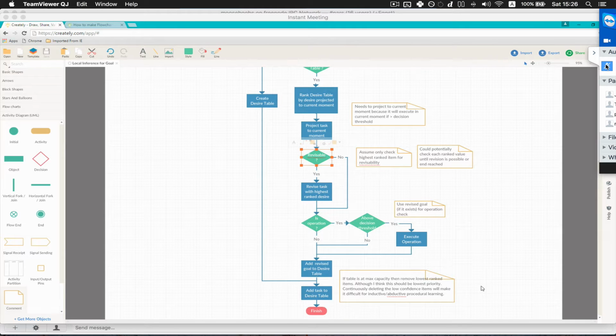So you end up deleting one that's current because it's the lowest confidence after it's projected, even though it's got a really high priority. And then the very next cycle, the system actually wants to use that one that's got a high confidence in the current time moment, just not for the far in the future.